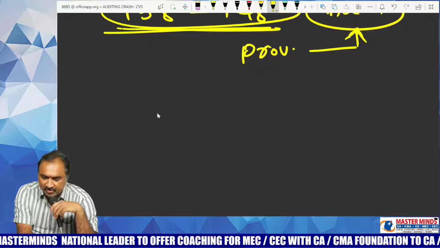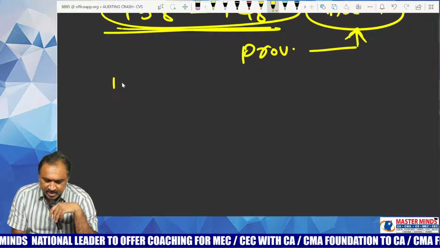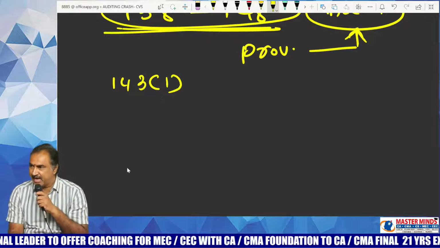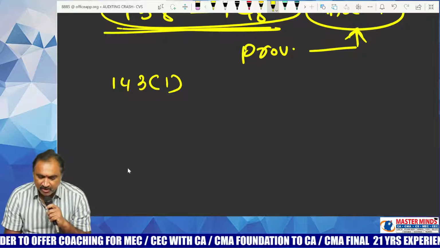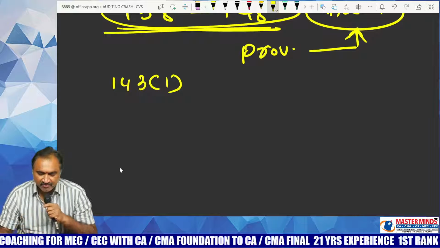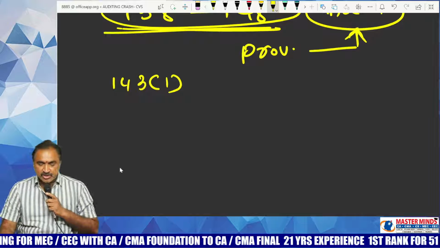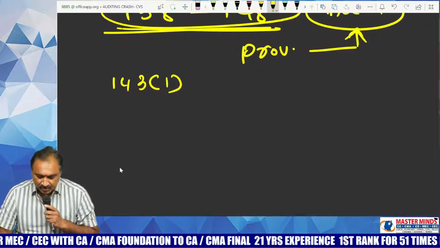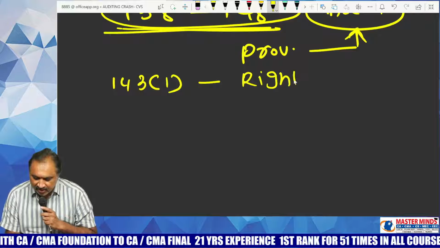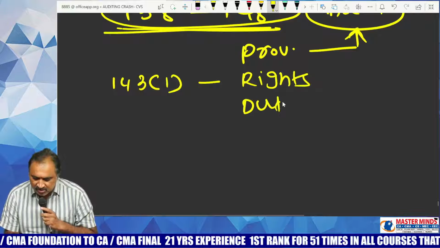Now let us start our discussion with section 143 subsection 1 of the Companies Act. Section 143 subsection 1 contains both the rights of the auditor as well as the duties of the auditor.